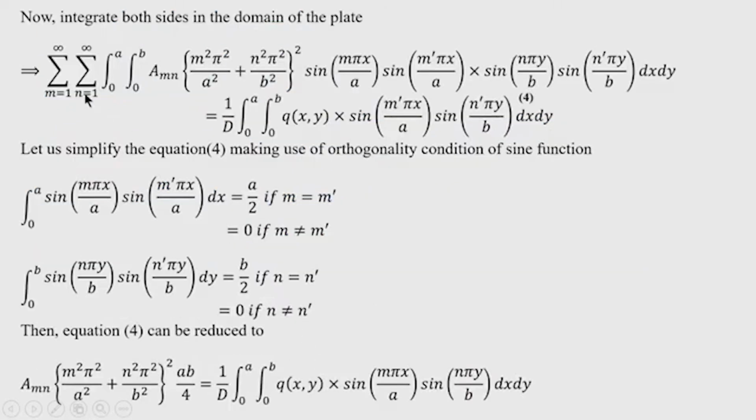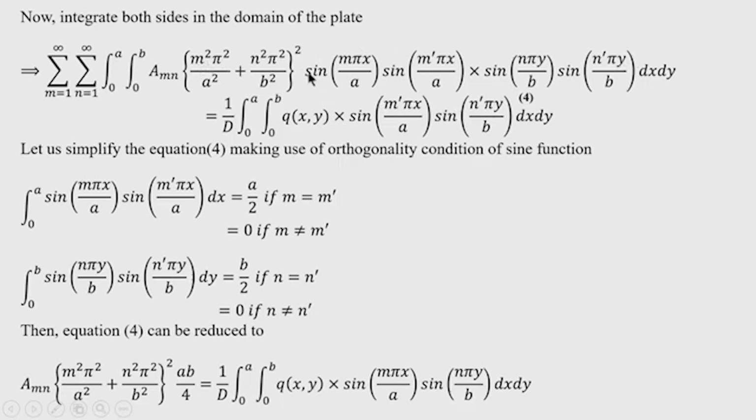So, 0 is the lower limit of integration with respect to x, and a is the upper limit. Similarly, 0 is the lower limit for integration with respect to y, and b is the upper limit. So, we have written the limits, now we can integrate it.